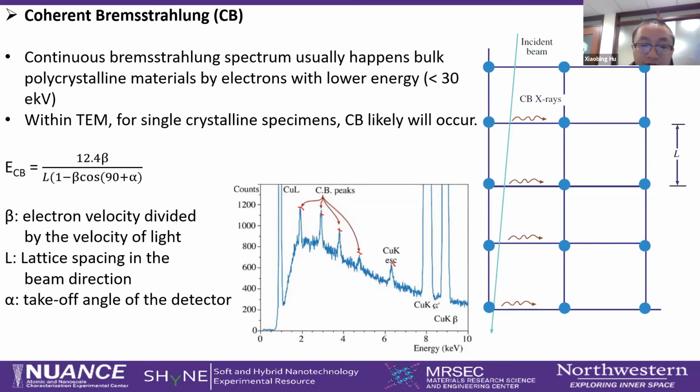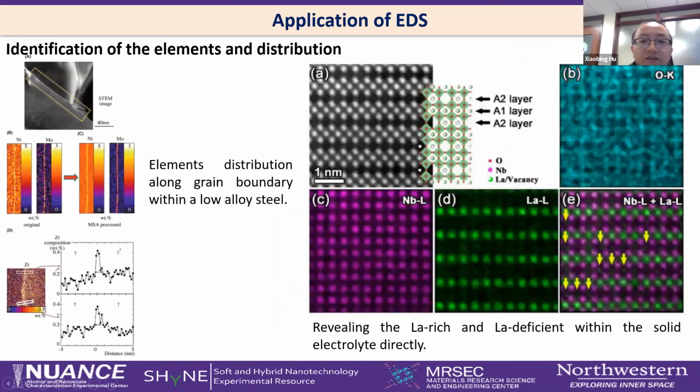Okay, now let's go to the next one. For EDS, the application is usually very straightforward: you identify the element distribution. For example, this one is the element distribution along the boundary in a superalloy.